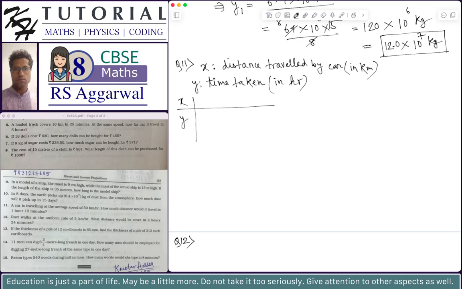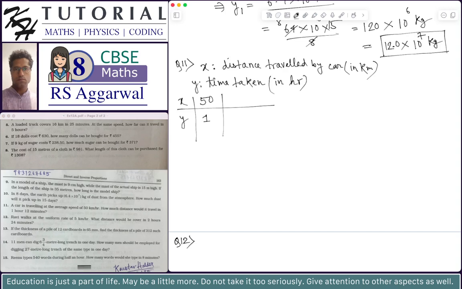So the first fact it is given is that the car is traveling at an average speed of 50 km per hour. That is the speed, average speed or uniform speed, they mean the same. That is, the speed is constant. So we can say as a first data, it says that in 1 hour it travels 50 km. So we have 50 over here and we have 1 over here.